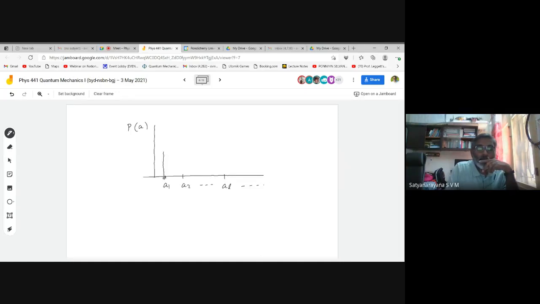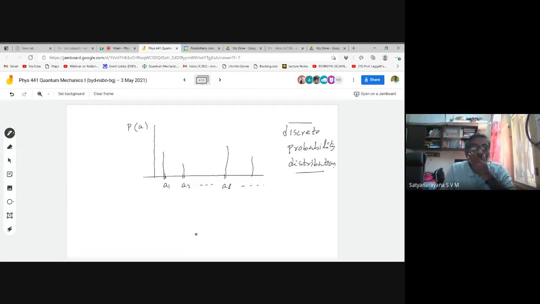There may be some probability here, some probability here, some probability here. This is a discrete probability distribution, as you can see in the case of the binomial distribution, for example. Binomial is a discrete probability distribution.